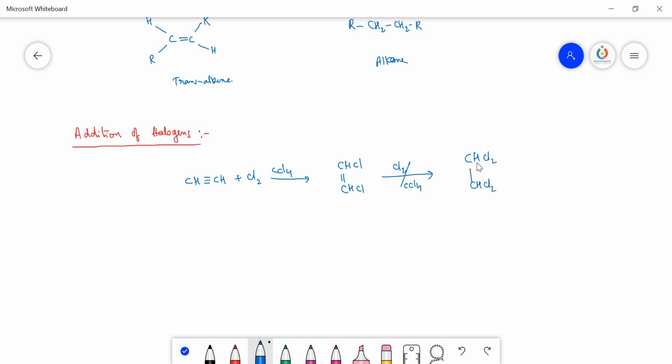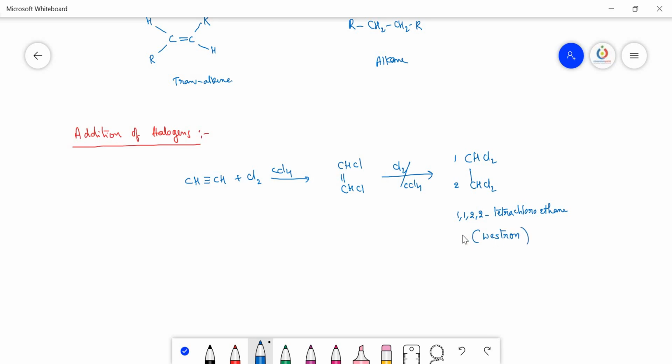So if you write down the name of this particular molecule, here 2 chlorine atoms, here 2 chlorine atoms. Just give the numbering. At first position 2 chlorine atoms, at second position also 2 chlorine atoms are there. So we can write 1,1,2,2-tetrachloroethane. Popularly, this molecule is known as Westron.